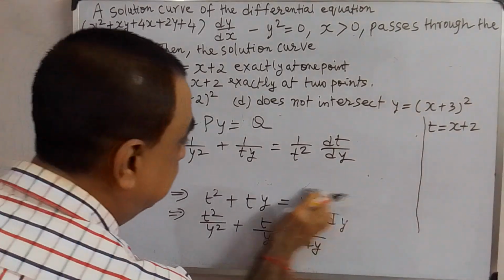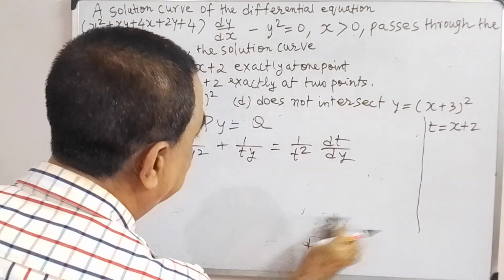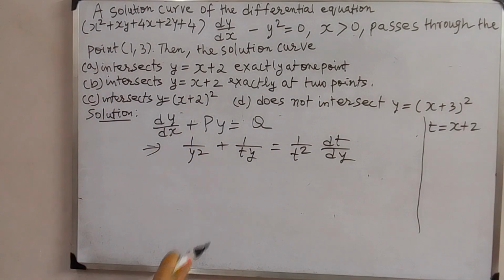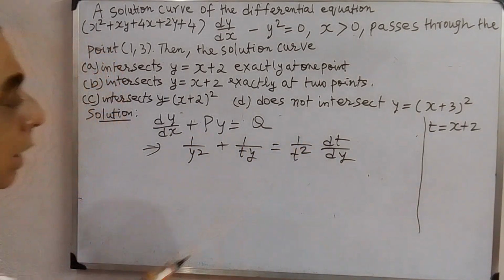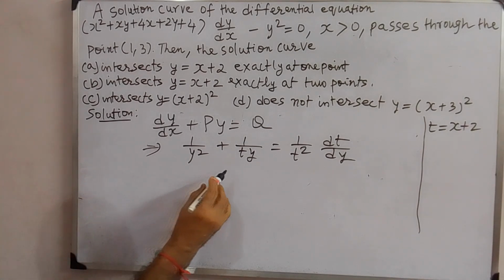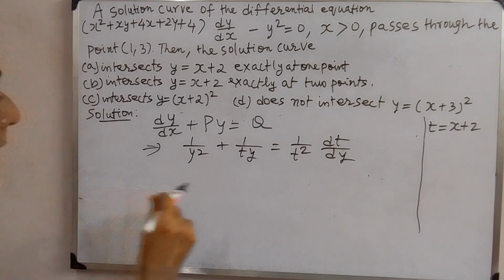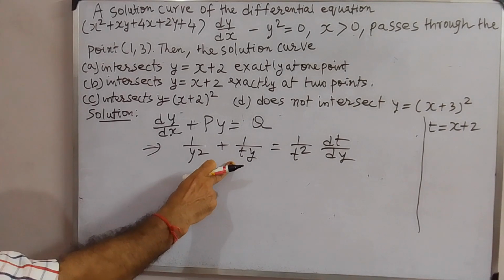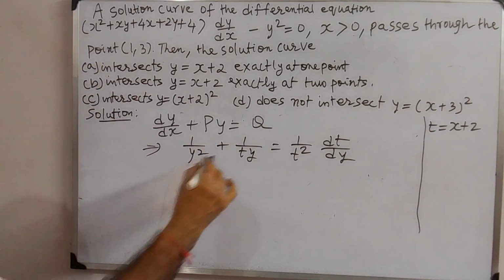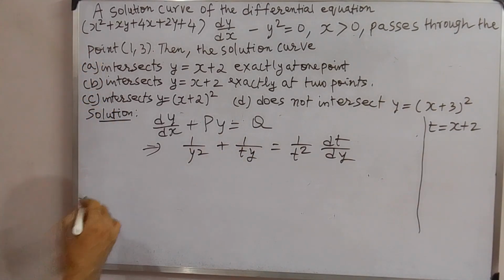To change this equation into the linear form, we have to remove this, and t should be carried to the top, not in the denominator.